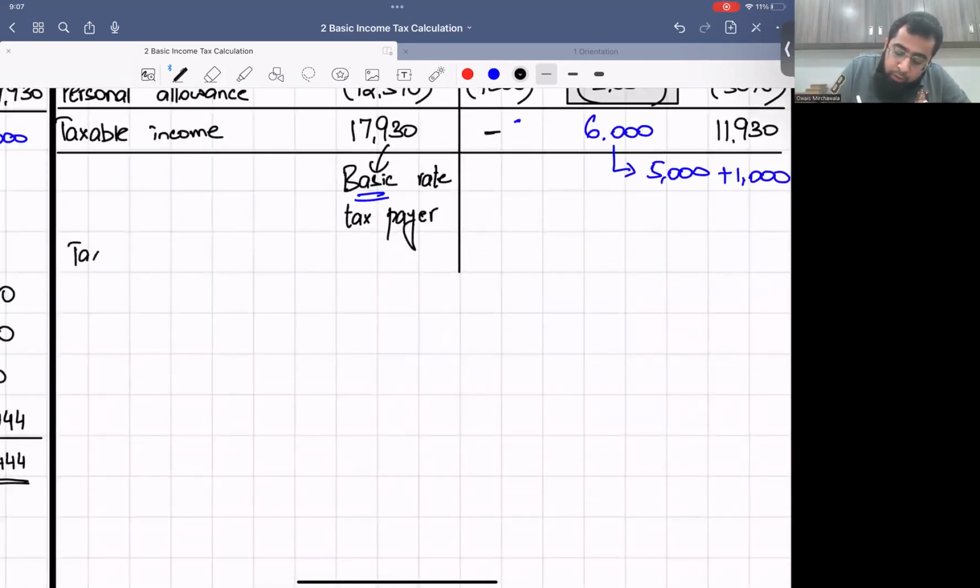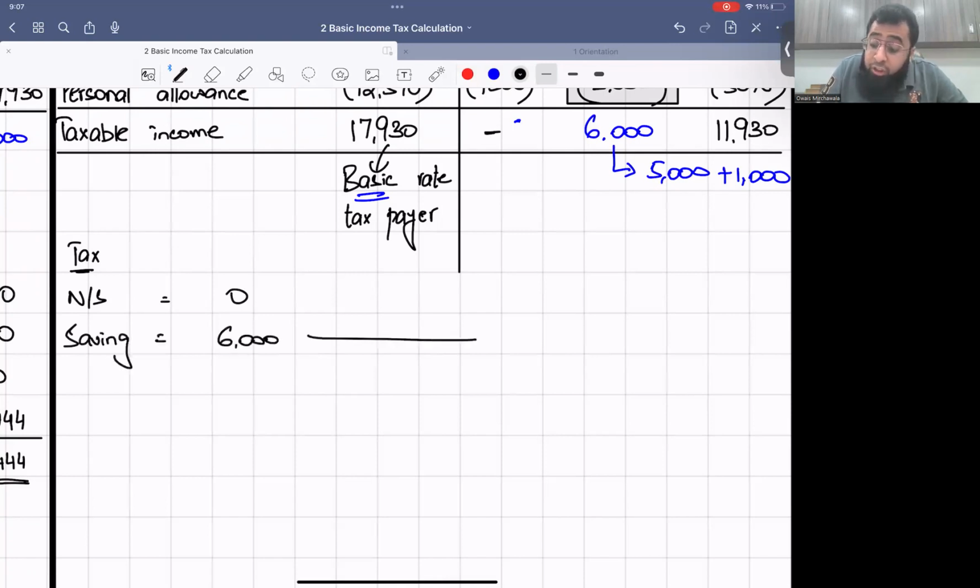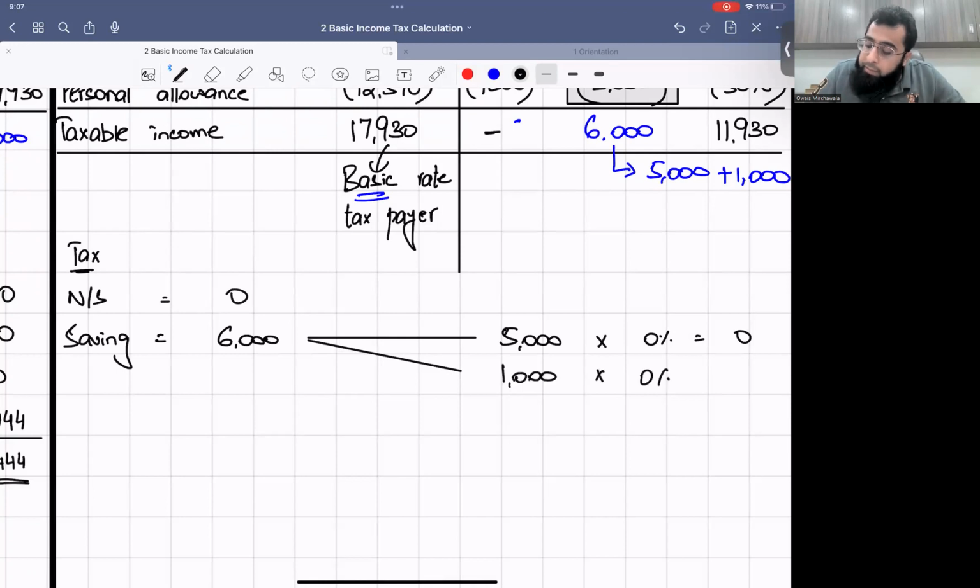I want you all to concentrate on it. Non-saving is 0, so no tax on 0, obviously. Saving is 6,000. We capped it intentionally because 5,000 pounds goes at 0%. It's 0. And since we are a basic rate taxpayer, 1,000 pounds goes at 0%. So it's again 0.